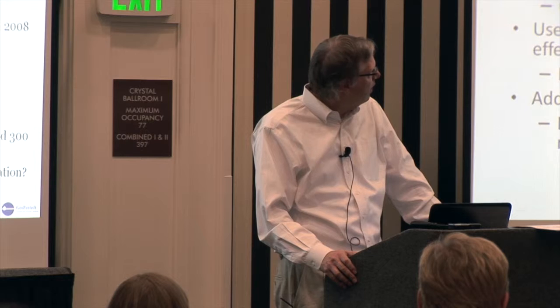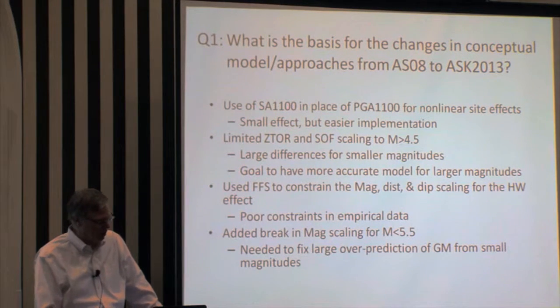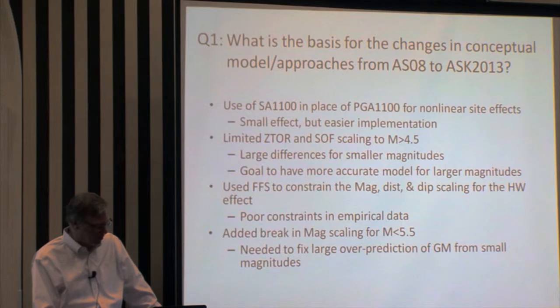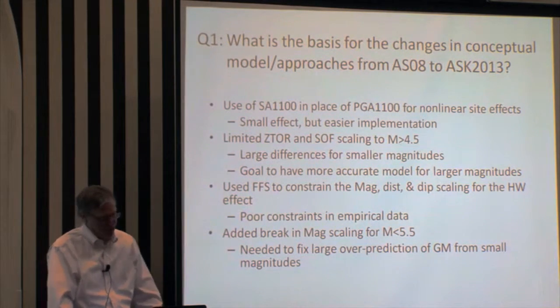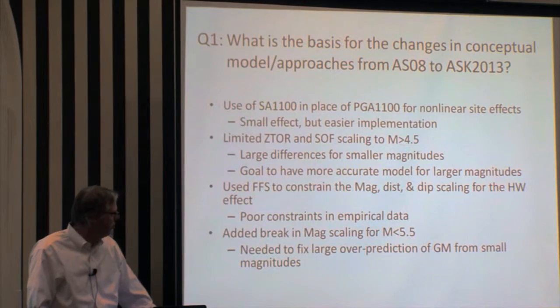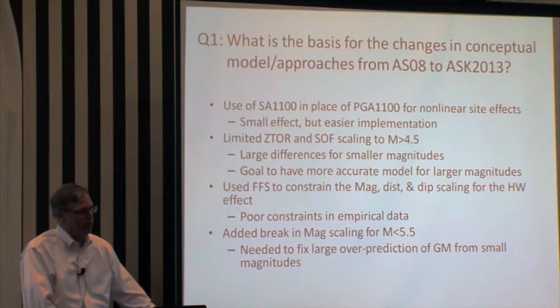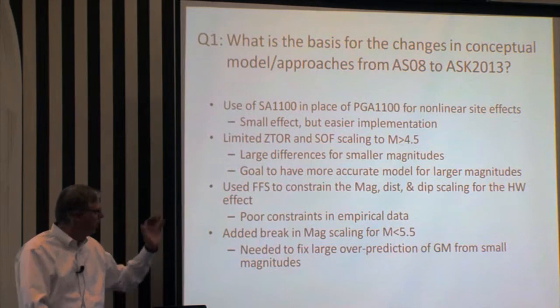In general, we had a weaker style of faulting factor for the small magnitudes, and we had a stronger depth scaling for the small magnitudes. We did use the finite fault simulations to constrain the magnitude, dip and distance dependence for the hanging wall effect. Previously, we had a hanging wall factor in there, but it was very poorly constrained on how it scaled for different scenarios.